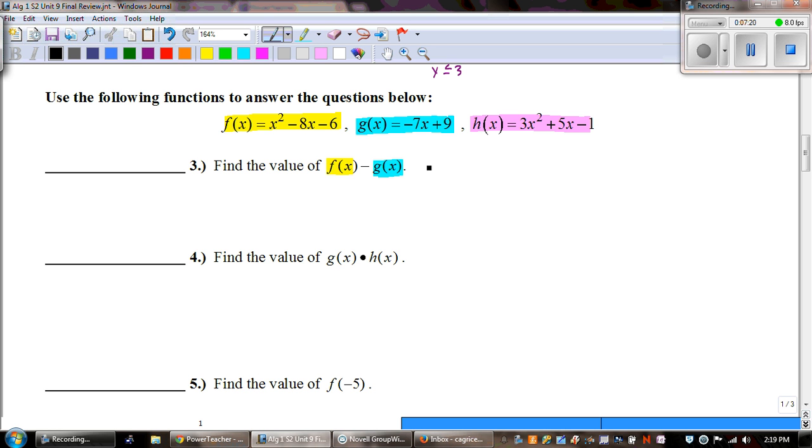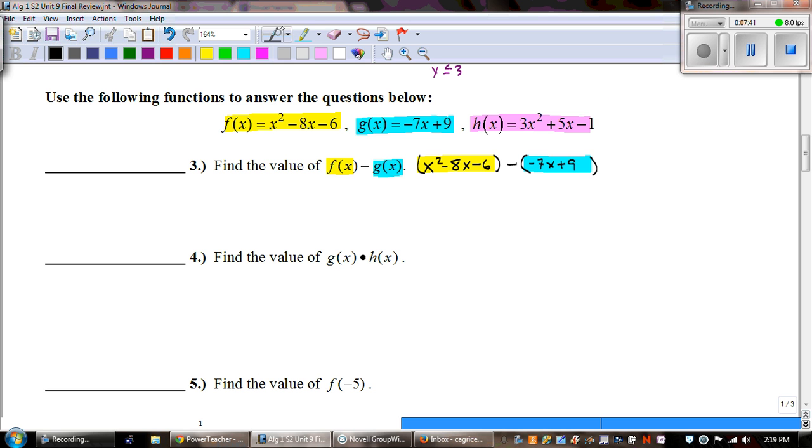So what I would write down is what f of x is. That's going to be in the yellow. We have to subtract g of x, which is -7x plus 9.